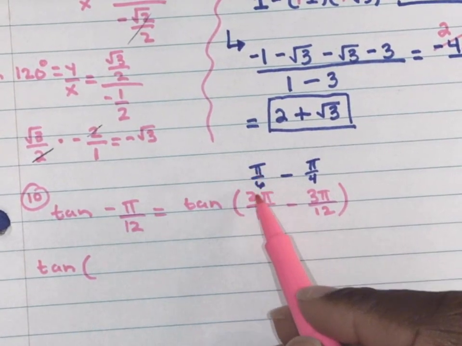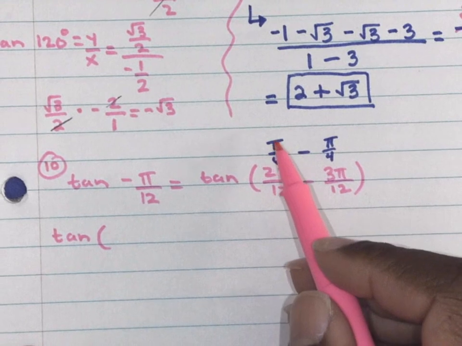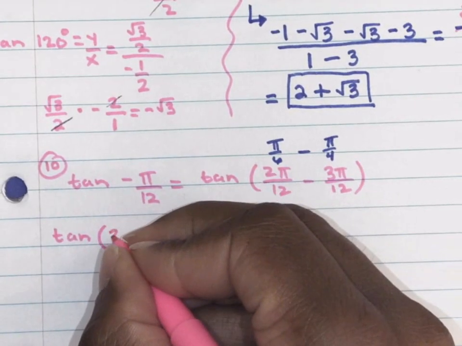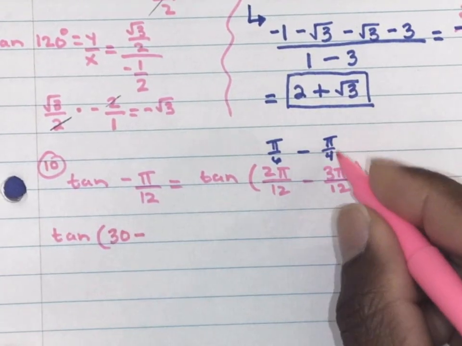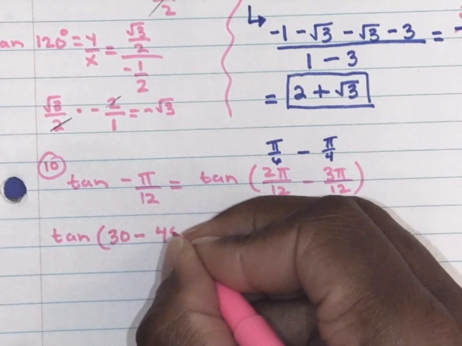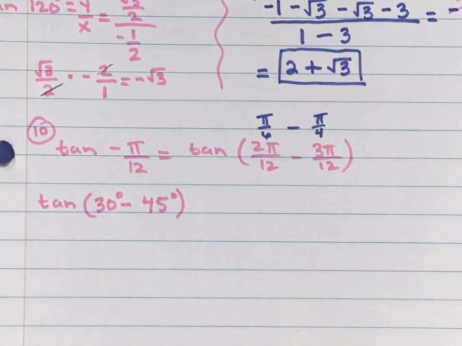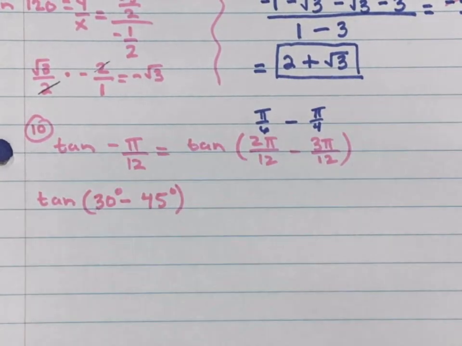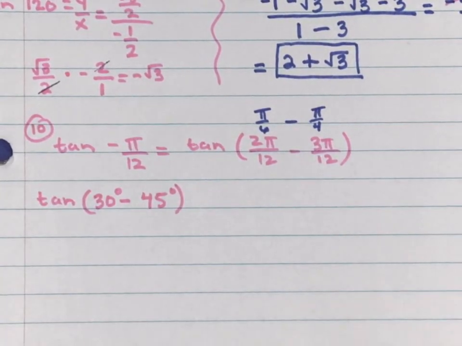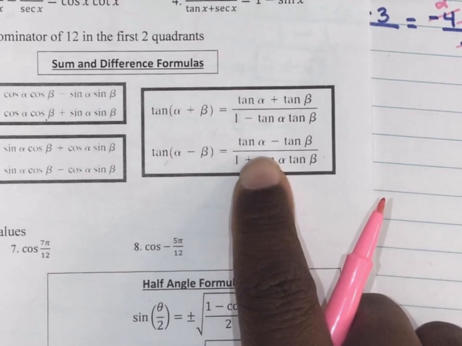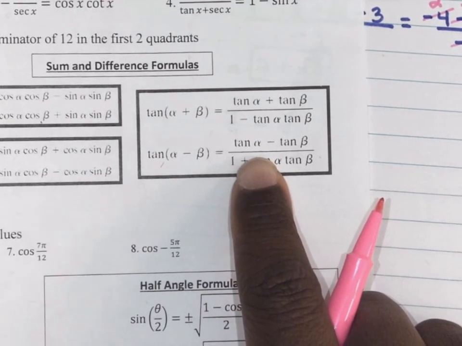So how about I write the degree measures? That'll help some of us. So π/6 is 30 minus 45. We're really just wanting to find tangent of -15 degrees. So this time we're doing the difference formula for tangent. It's right here. So I'll write what our setup should look like.